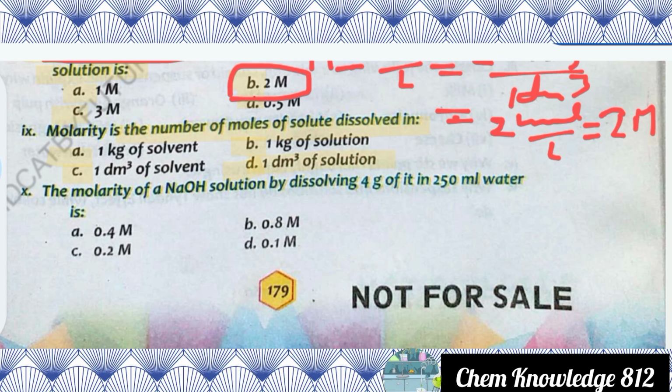This is the correct answer, because 1 decimeter cube is equal to 1 liter.